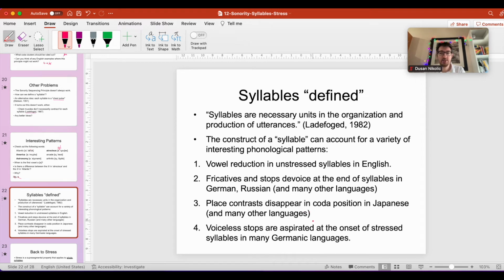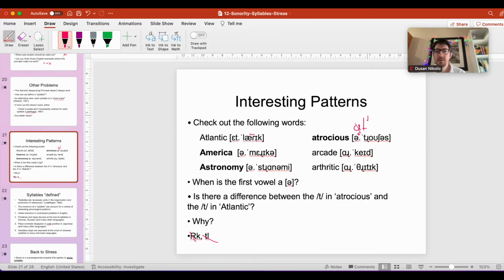So place contrast is, for example, both become alveolar or velar at the end of words, or in coda positions, right? So we know now that syllables are influencing this. And voiceless stops are aspirated at the onset of stressed syllables in many Germanic languages, in English too, right? Maybe here even the t can be stressed. Atlantic, right? Oh, sorry, atrocious.